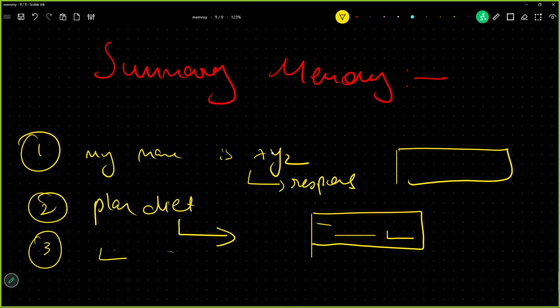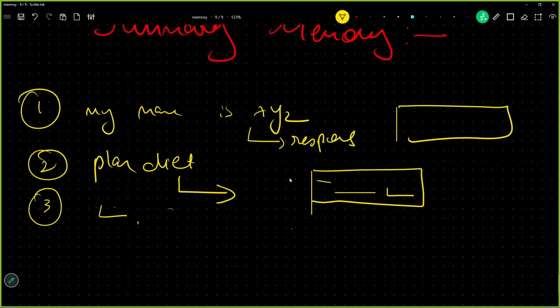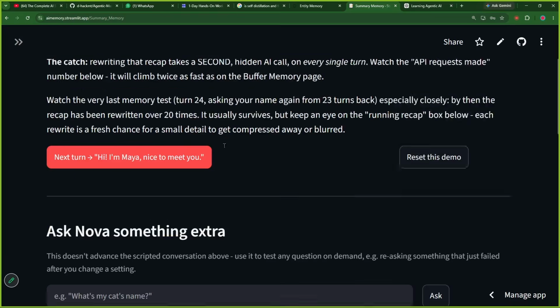Third, when you ask the next question, give me a workout plan, after the response is sent, a third summary will be generated: the name of the user is this, the user is looking for a diet plan and this is the workout plan which I have suggested. So it will summarize. Let us see that in action.